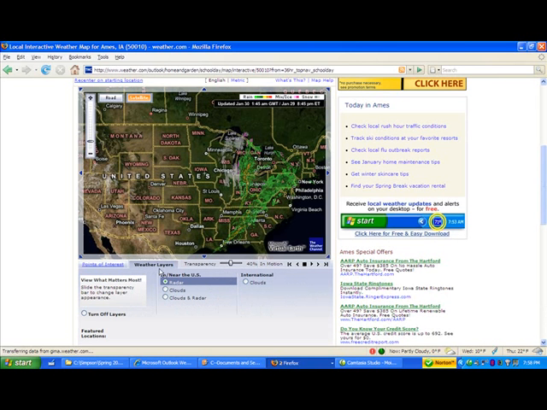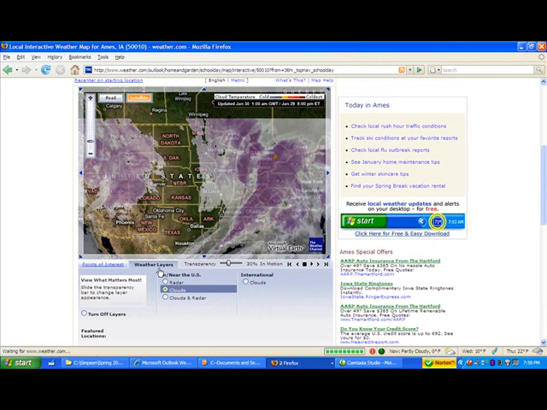Be patient. Let me click on weather layers. Oh, here we go. So I'm going to click on clouds here. You've got to click on weather layers. And what we're looking at is infrared satellite.